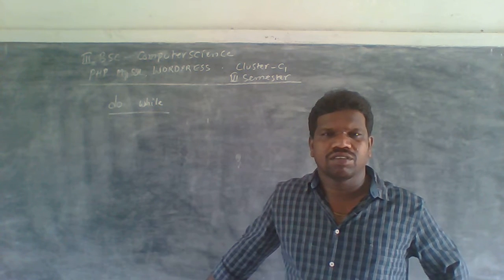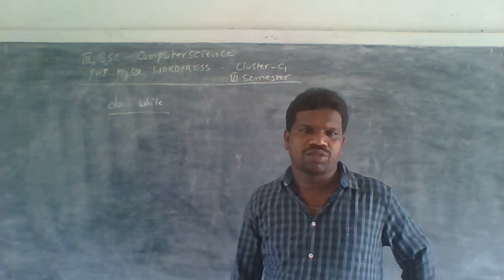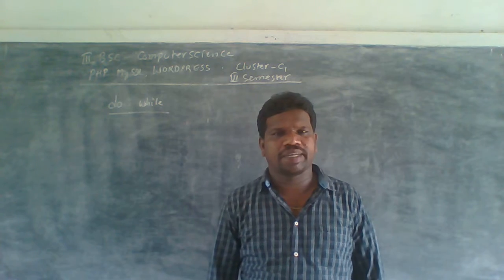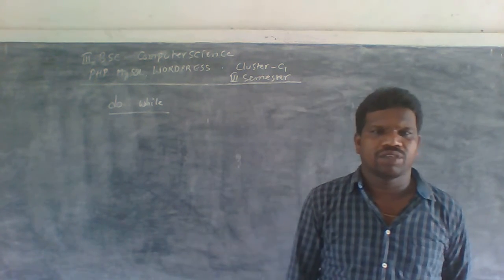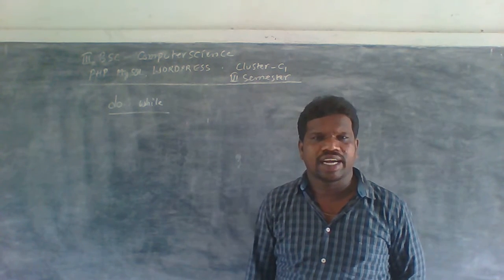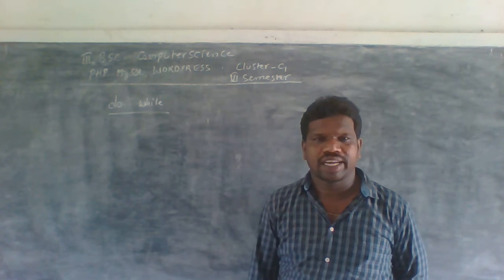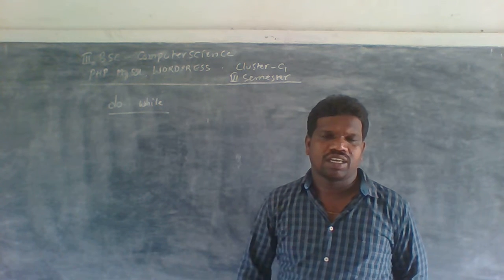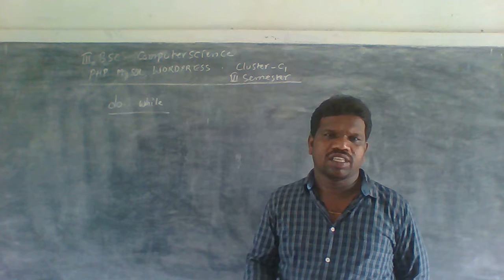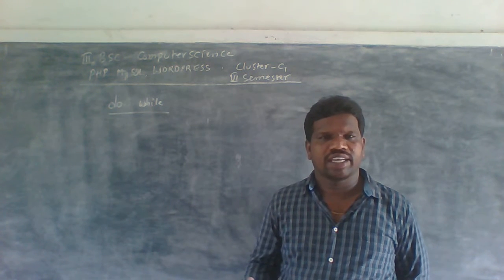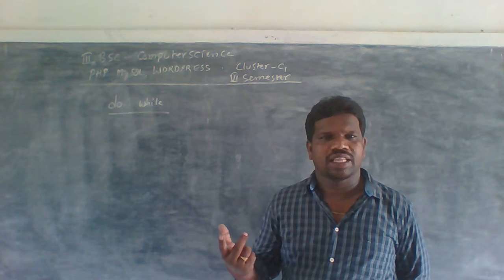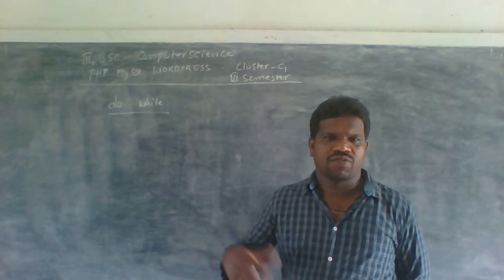Next, if the condition is true, the body will be continuously repeated until the condition becomes false. Whenever the condition is false, automatically the program will skip out of that loop.